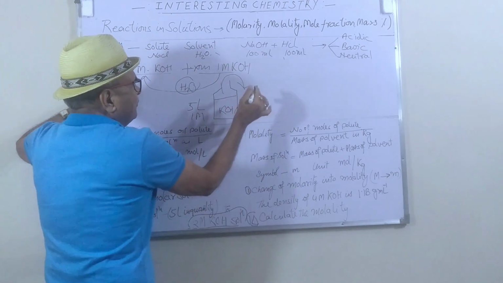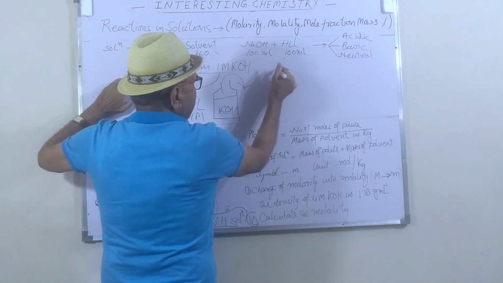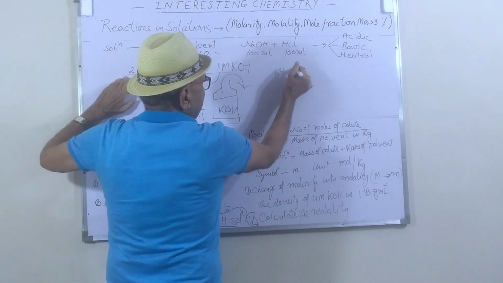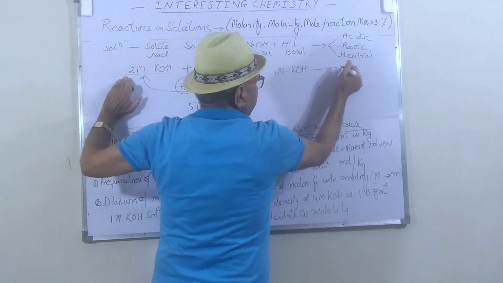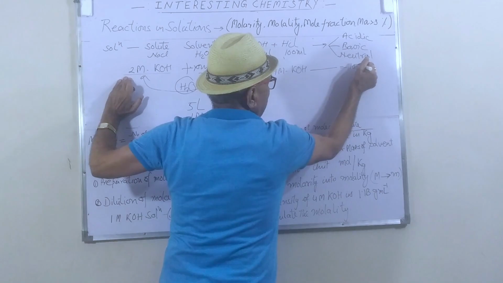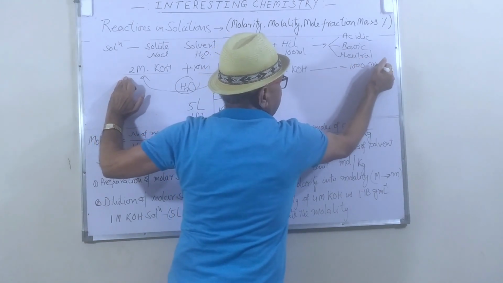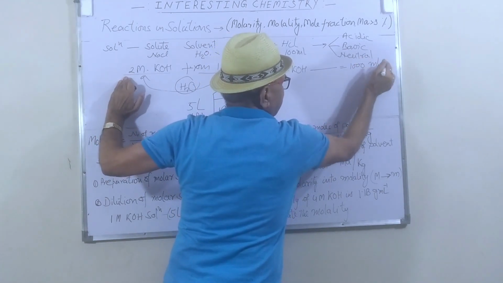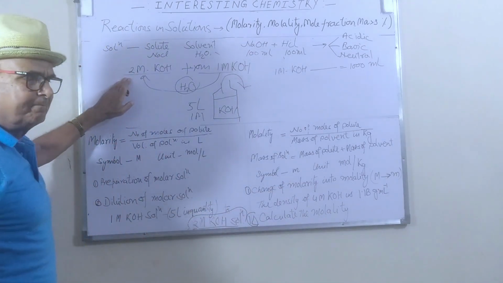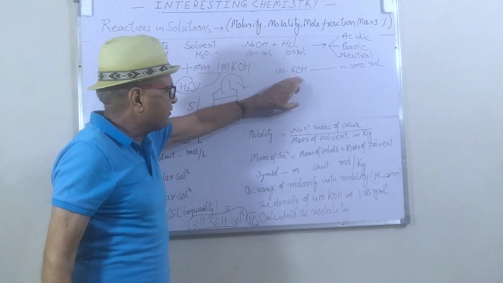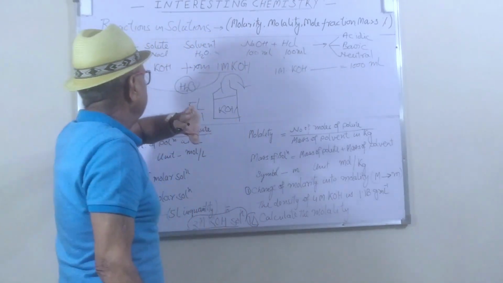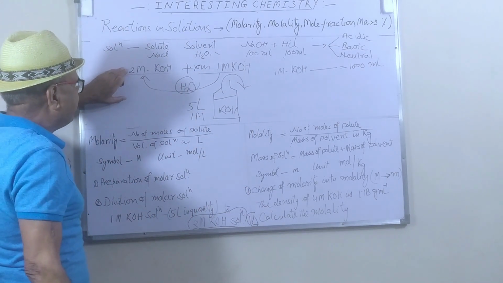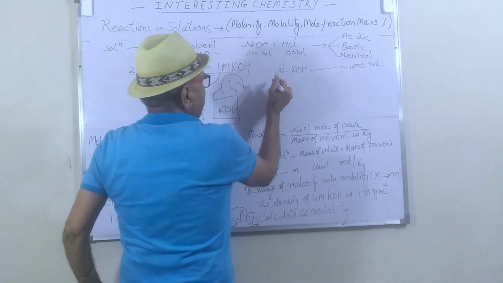Suppose 1M KOH is present in 1000 milliliter of solution, and you require 0.2M.